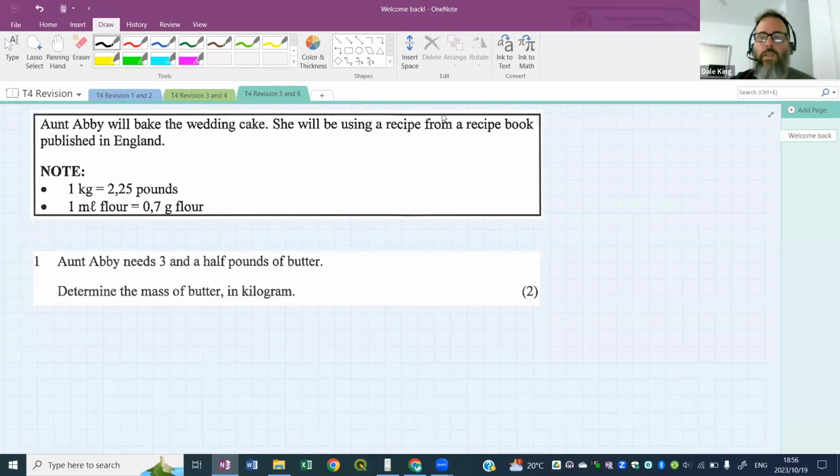Can you guys do the one for me and then we'll call it a night? Last one, guys, and then we call it quits. 3.5 pounds. What is that in kilograms? Use the conversion they've given you.